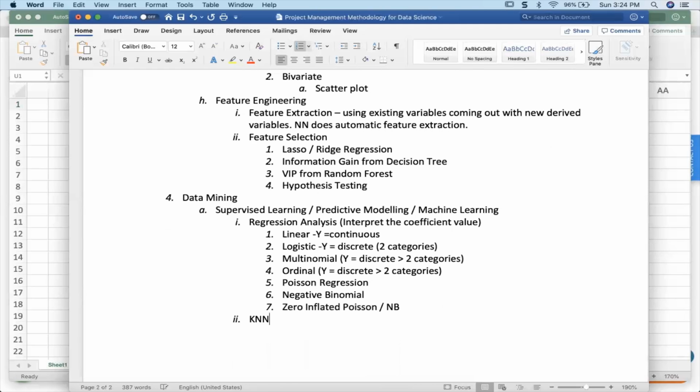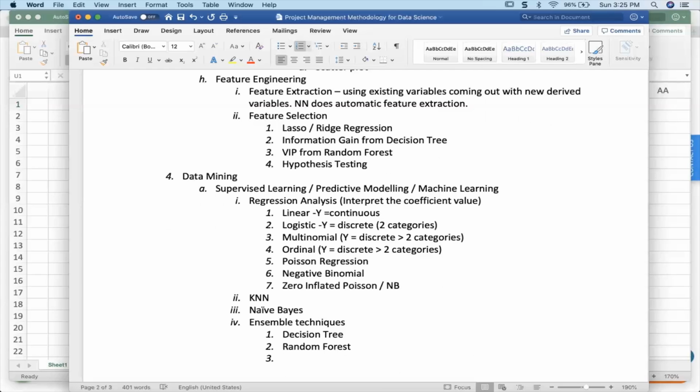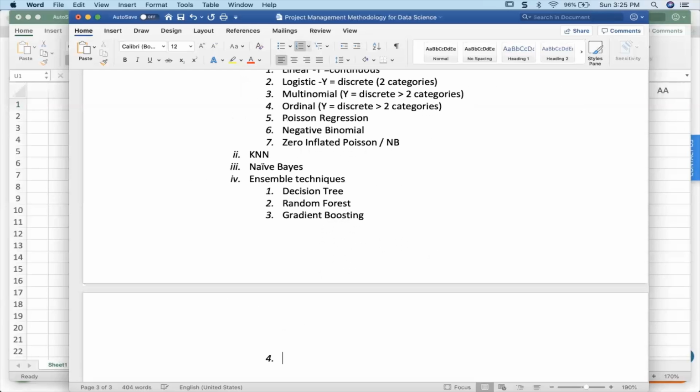Then you have k nearest neighbor, then you have naive Bayes, then you have ensemble techniques. Within that you have decision tree, random forest, gradient boosting, extreme gradient boosting, and AdaBoost.